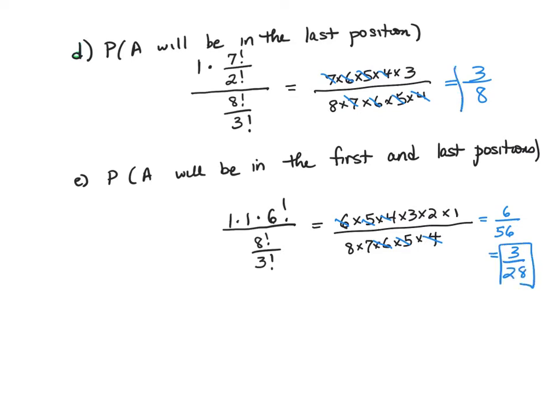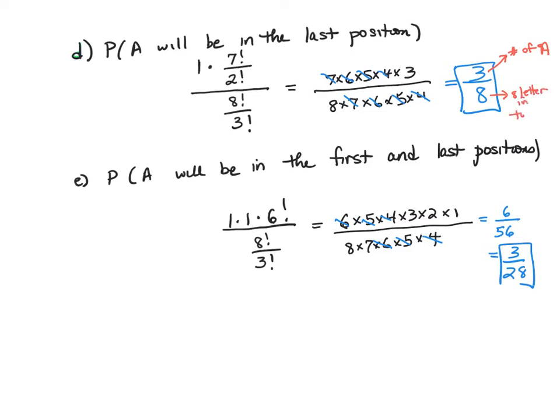Now, let's go back to the problems and think about it. Is there another way to get the 3 out of 8 without using permutations? Well, in this particular problem, yes, because the 3 represents the number of A's we have, and 8 represents 8 letters in total.